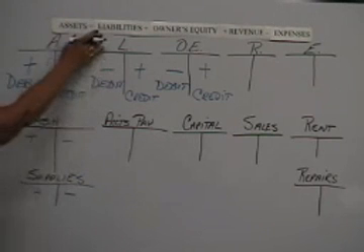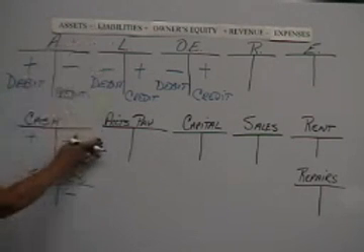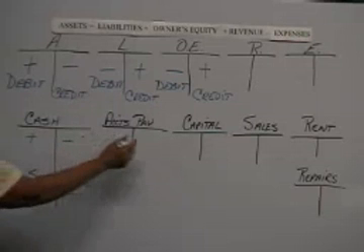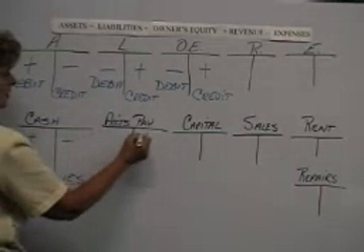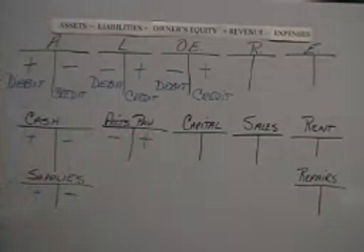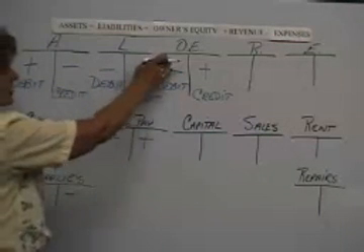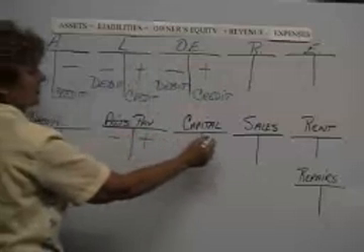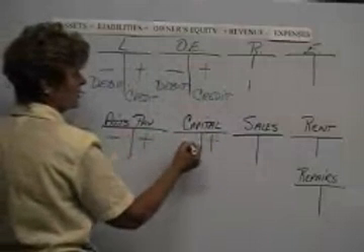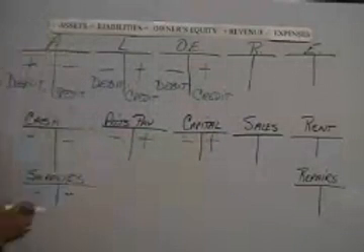Examples of liability accounts would be accounts payable. Accounts payable will have its plus on the right and its minus on the left. Examples of owner's equity accounts would be the owner's capital. It will have the plus on the right and the minus on the left.